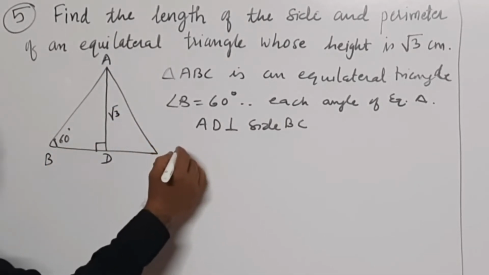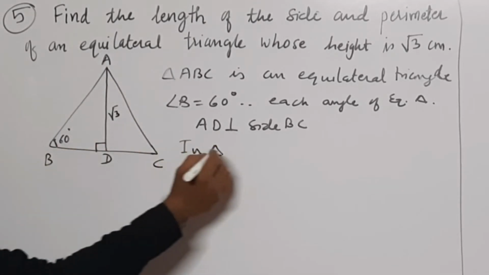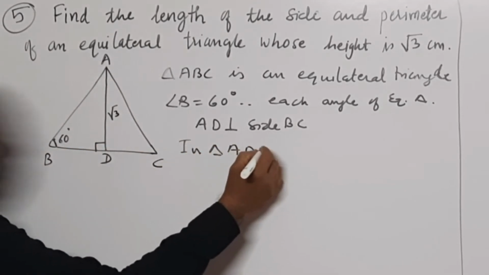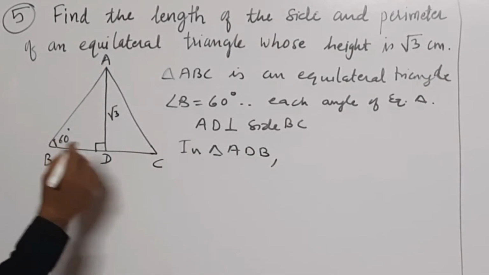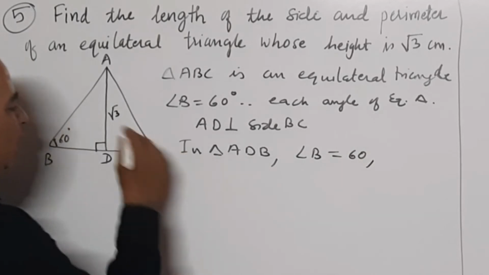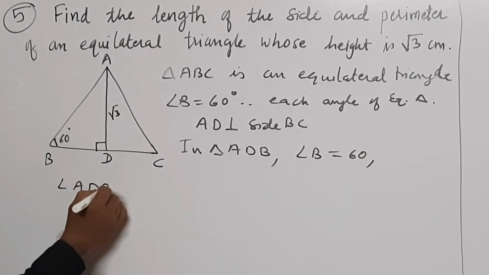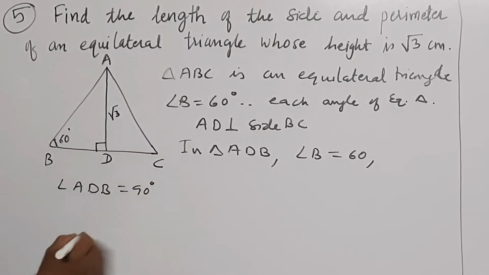Now let us consider triangle ADB. In triangle ADB, angle B is equal to 60 and angle ADB is equal to 90.